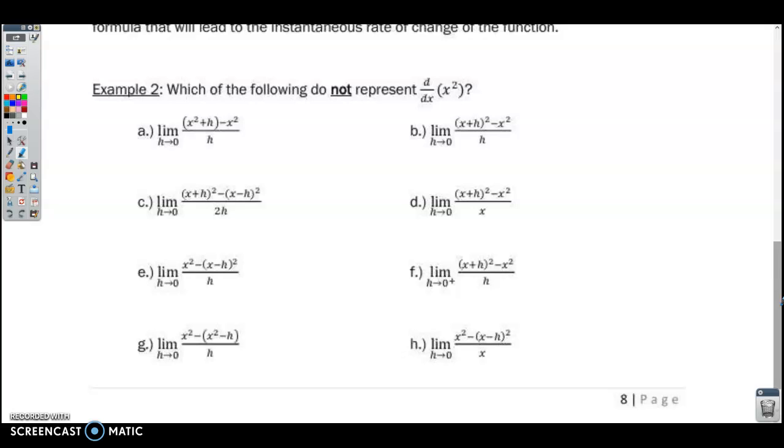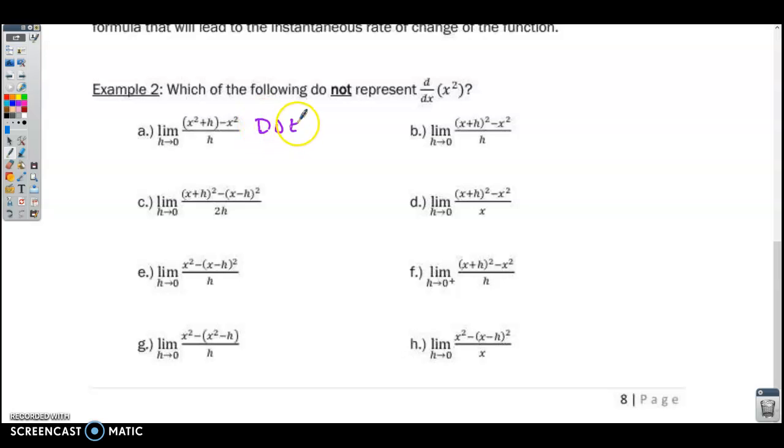So go ahead and take a second, pause the video, and look at these and see which of these you think do represent the derivative of x squared and which of them do not. Alright, now that you took the time to decide, we'll go through and reveal which ones do and which ones do not.